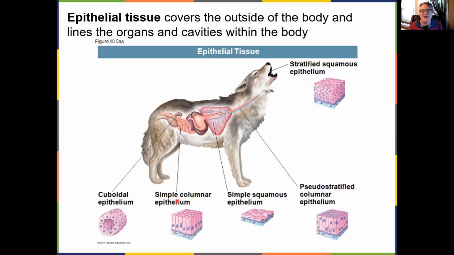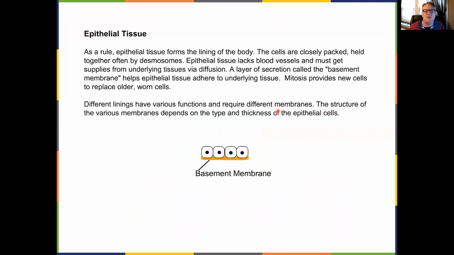So all of these are epithelium, but we have a couple of different words here. So there's stratified versus simple, and there is squamous versus columnar and cuboidal, because those are describing a particular shape of the individual cells. So let's step through this.